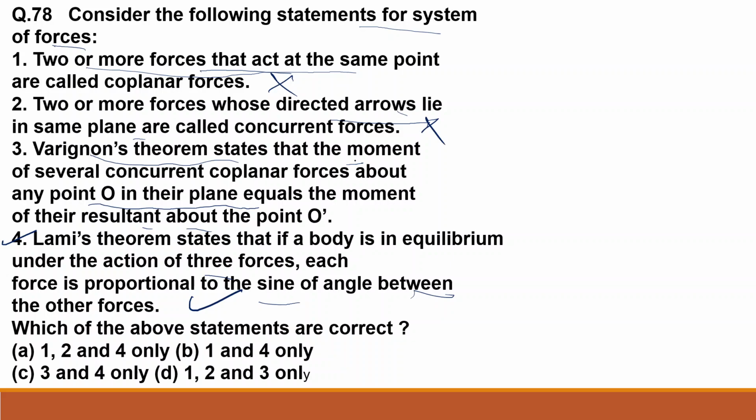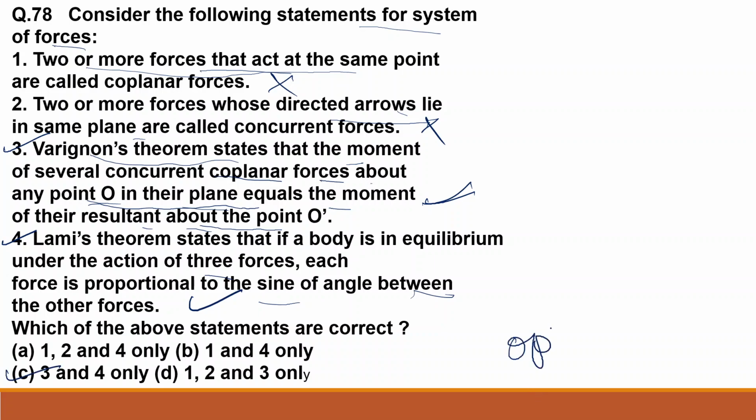Varignon's theorem states that the moment of several concurrent coplanar forces about any point O in their plane equals the moment of the resultant about the point O. Yes, option number 3 is right. Option number 3 also is right. And our option will be C.